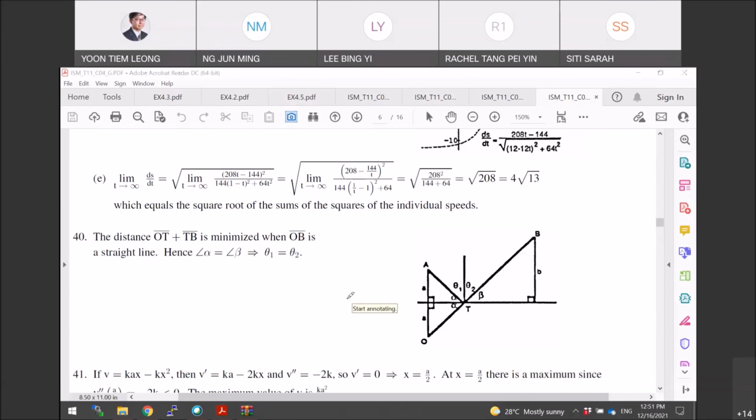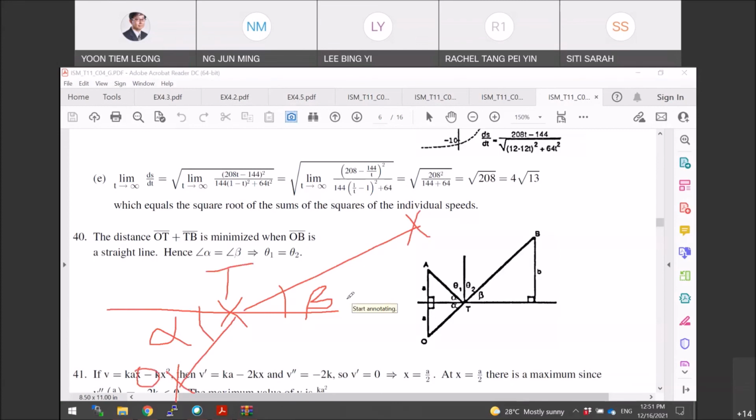So you have a point here. In general, the angle alpha and the angle beta are not the same, right? If they are not the same, then you can measure the length from O to T and from T to B. Basically, it's just this length plus this length.